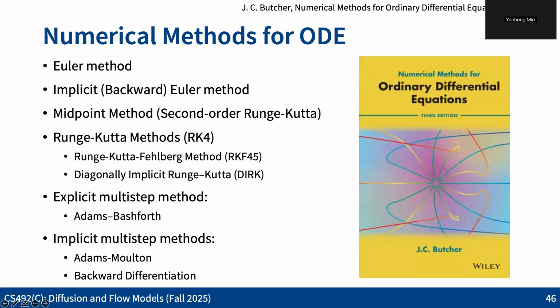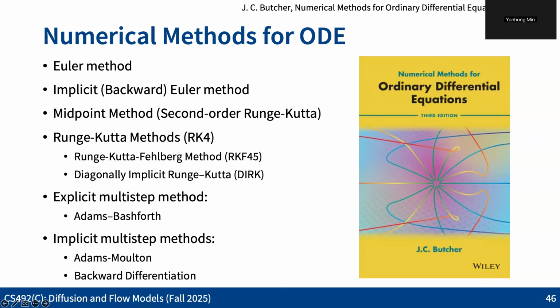The thing is that the ODE formulation is a subject that has been studied for more than, I guess, 100 years, right? So there are lots of numerical methods that we can use to solve the ODE formulation in a much faster way without having lots of time steps.